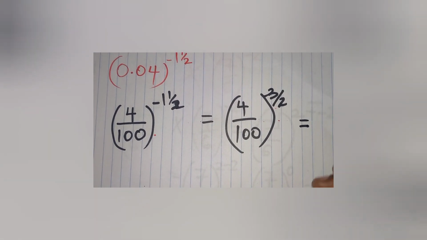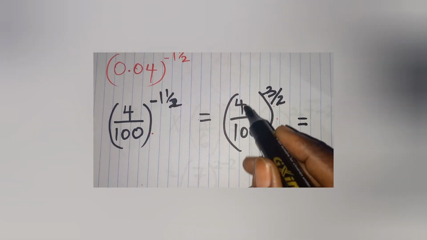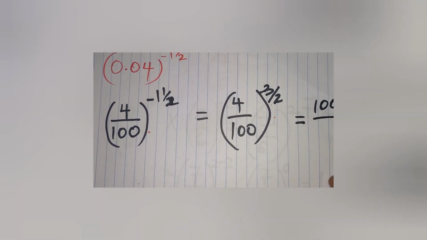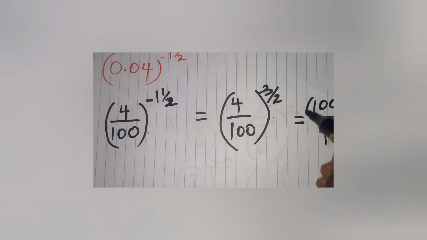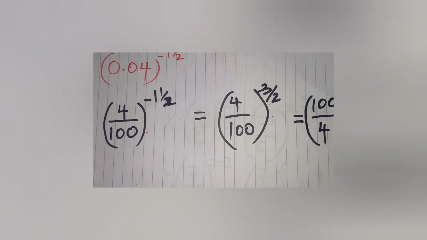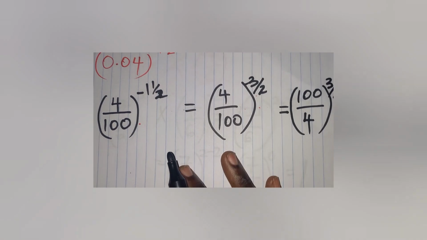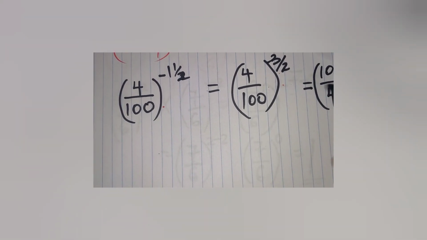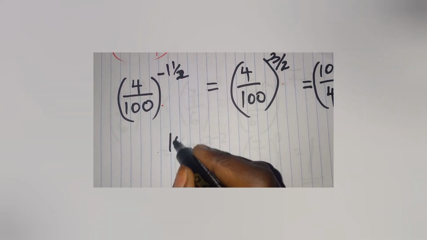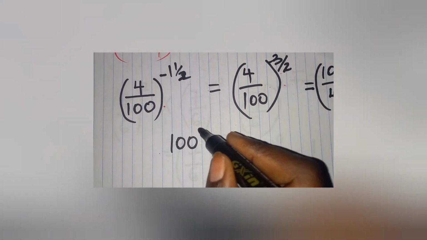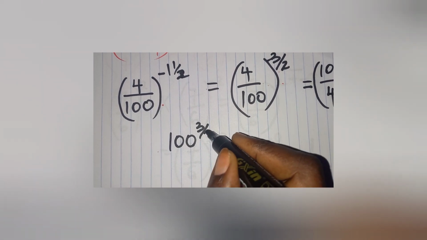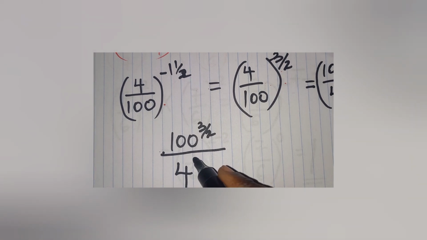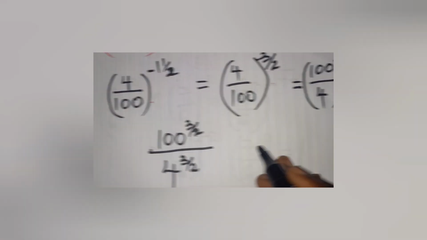This one will be equal to the reciprocal of this, then you eliminate the negative. That will be (100/4) raised to power 3 all over 2. Now the negative is gone. Once you've done that, we've said also in one of the laws that this will be 100 raised to power 3 all over 2, all over 4 raised to power 3 all over 2.